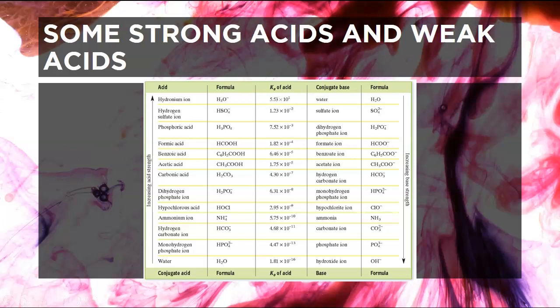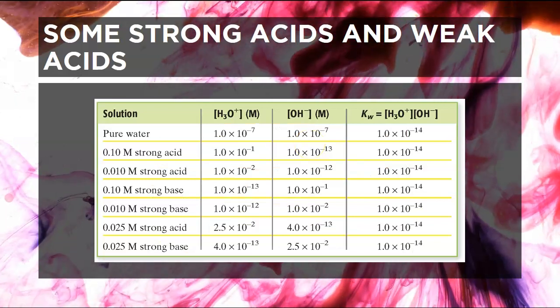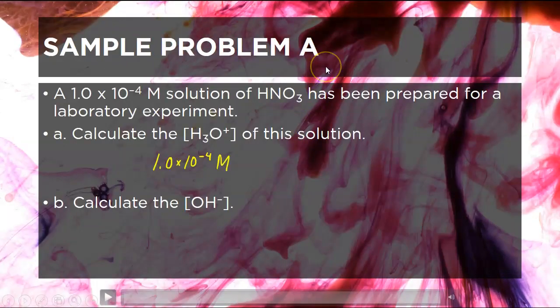I thought HNO3 would be on my list there. But the key is, because it's a strong acid, it's going to completely dissociate into hydronium ions, and the concentration of the hydronium ion would be the concentration of the acid.